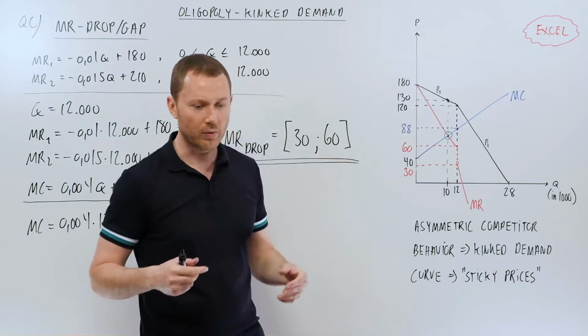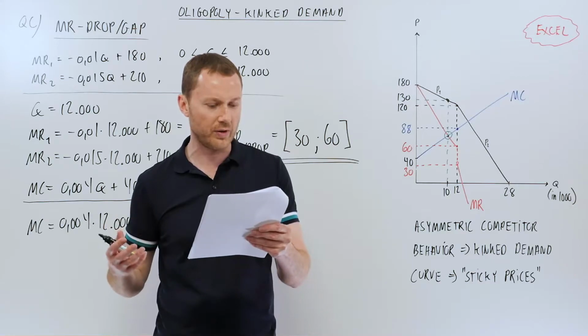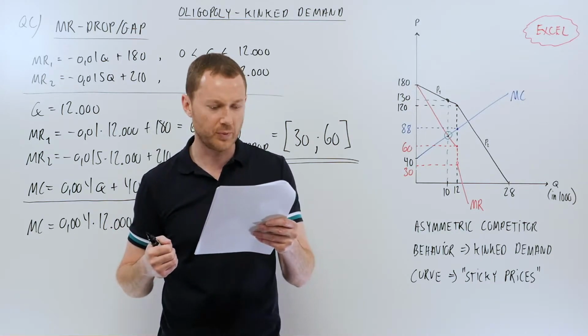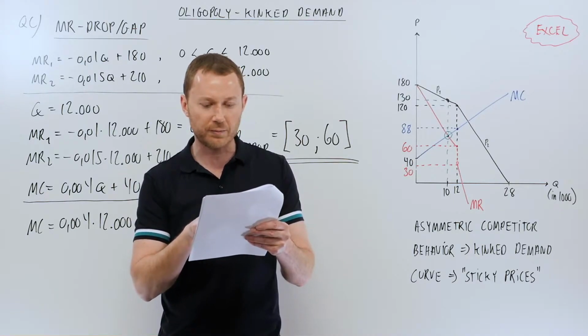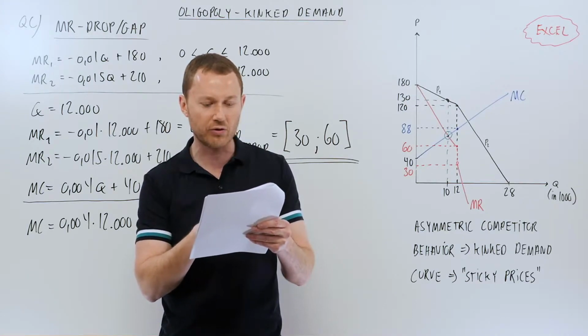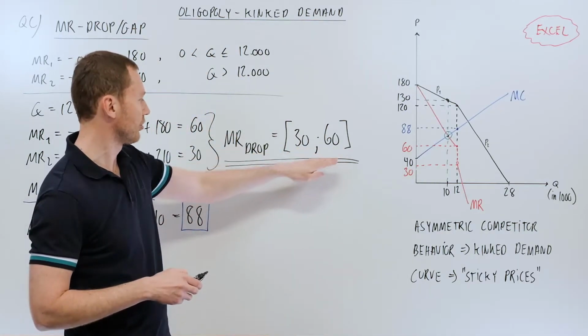So now we're finished with the question. It says within which range must the marginal cost value be in order for the optimal price to be within the range of the MR drop value? Then it has to be in that range.